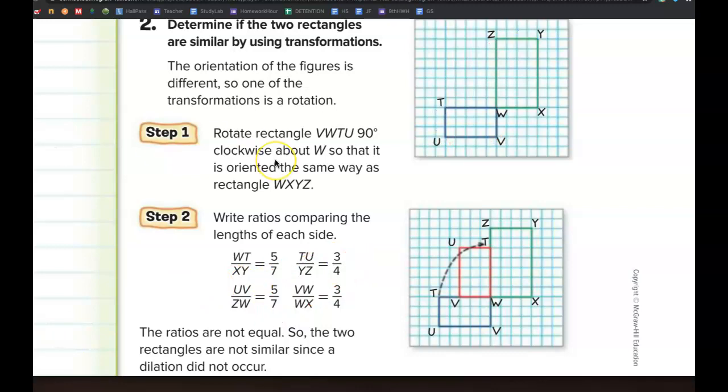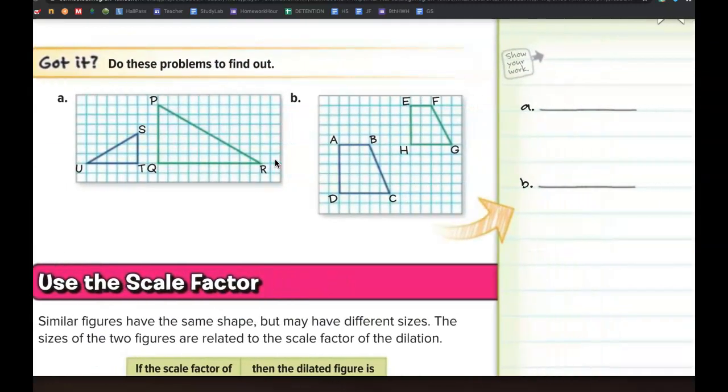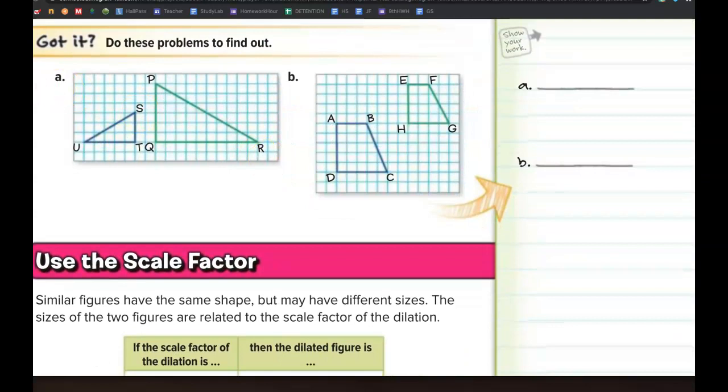All right, let's look at Got It A. What are we doing? It doesn't matter if you go from large to small or small to large. You just have to stay consistent writing your ratios. So let's do one way and one the other here. Looking at our triangles, what sides would I pick to use? I need two sides.